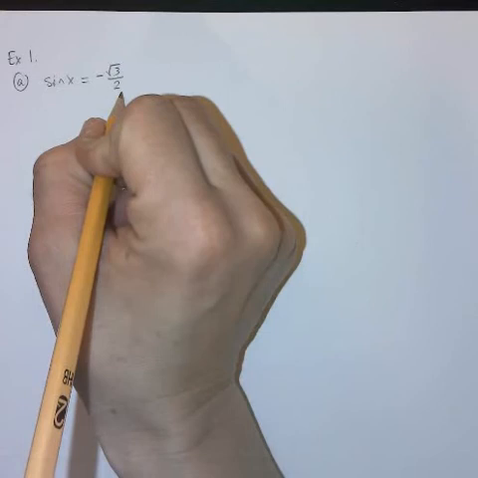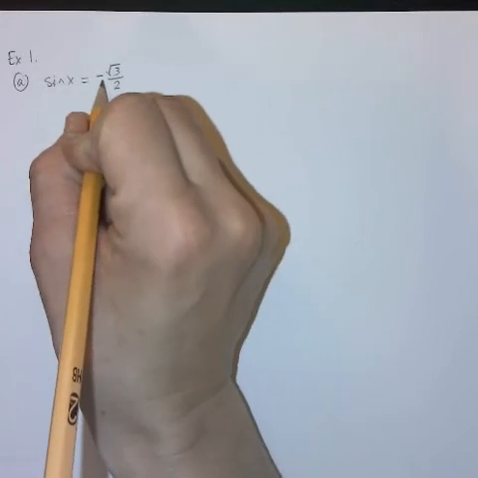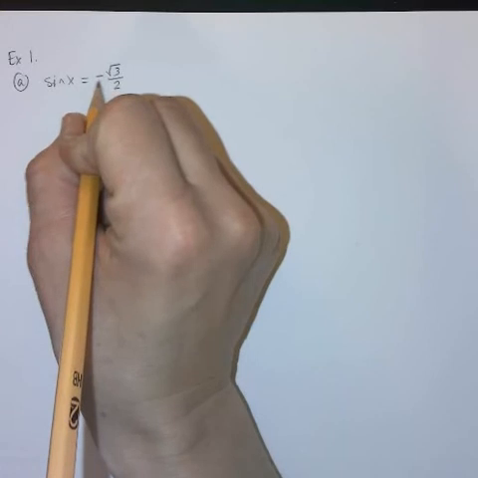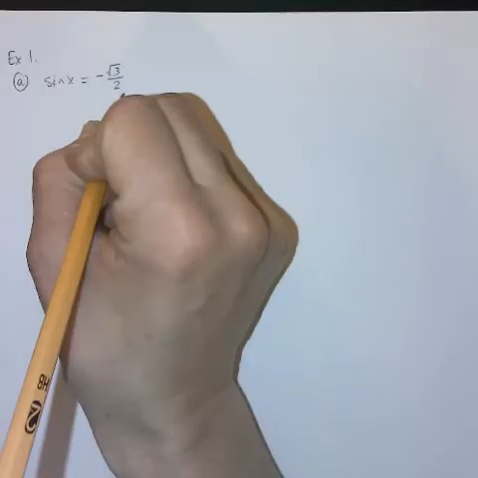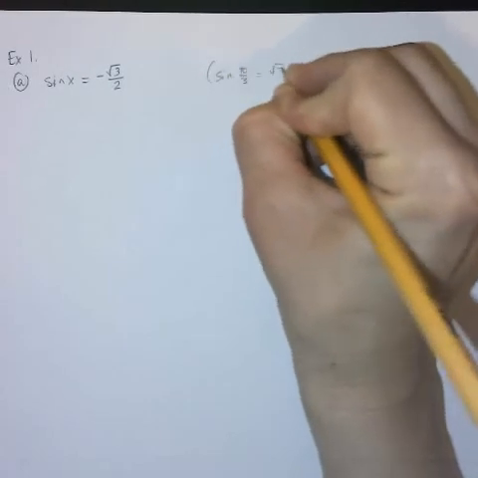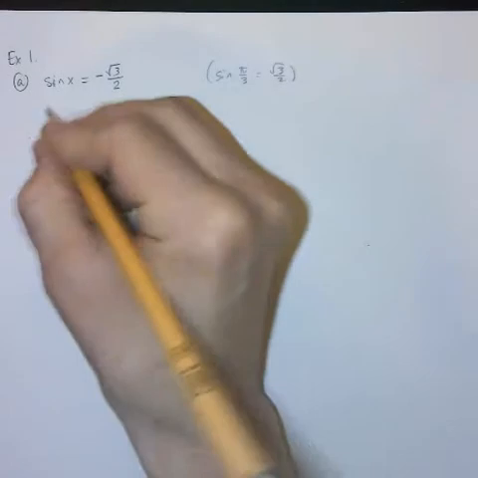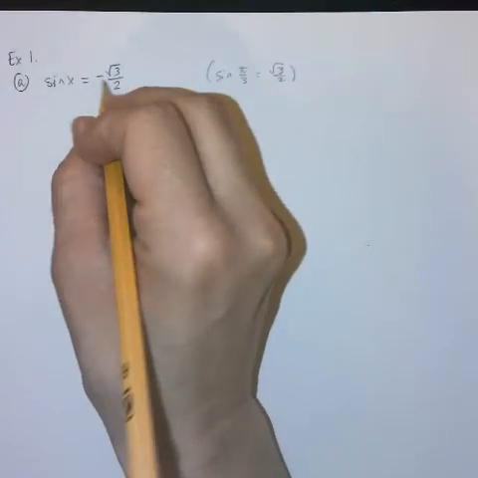So when we do this, we say, okay, sine is negative in quadrants 3 and 4. Reference angle would be pi over 3 in this case, because the sine of pi over 3 is the square root of 3 over 2. So you pick the values in quadrant 3 and 4 that would give you negative square root of 3 over 2.